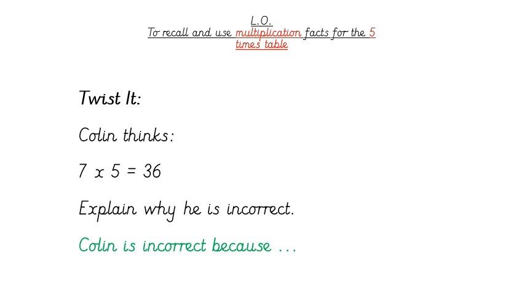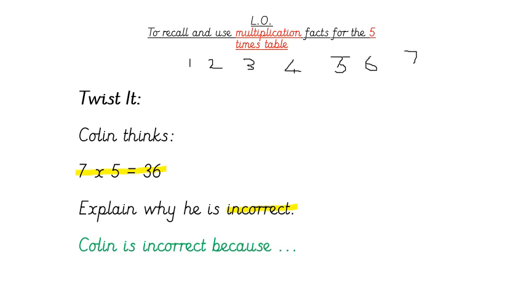Now we're going to do the twist it. So the twist it says, Colin thinks that 7 times 5 is 36. Explain why he's incorrect. So the first thing we need to do is work out what 7 times 5 is. So let's count in 5, and we're going to count to 5, 7 times. So I'm going to write the numbers down, 1 to 7.